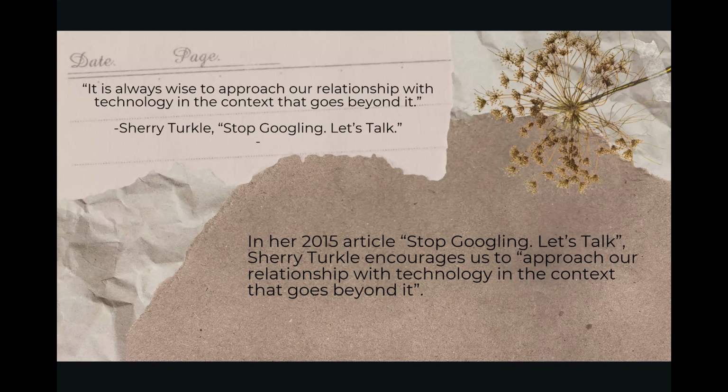We mentioned an article, start Googling, let's talk in quotations, which is always the proper way to mention an article. Whenever you're mentioning an article or citing an article and you're citing the name, you need to use quotations, not italics, whereas a book, as I mentioned earlier, is always in italics. So in this case, it's an article, and so yes, it's in quotations.